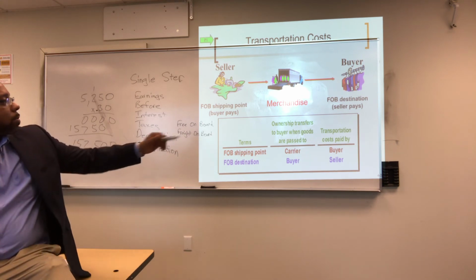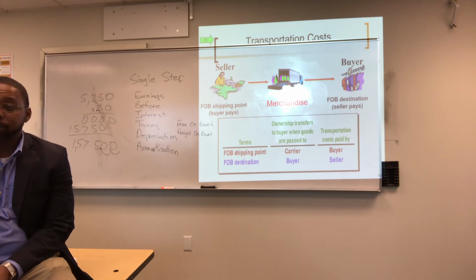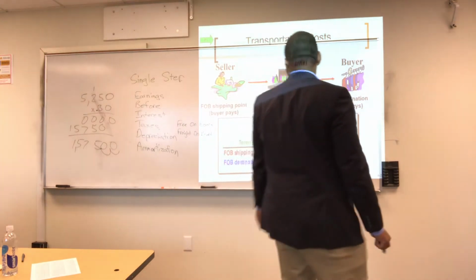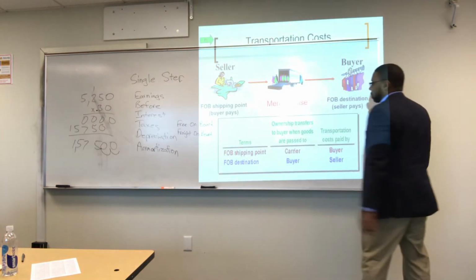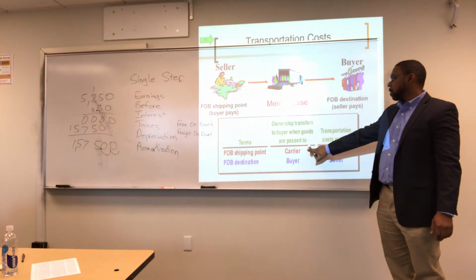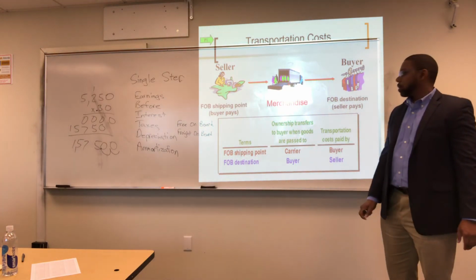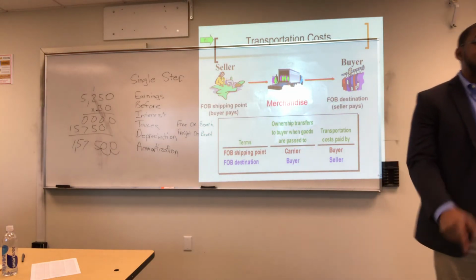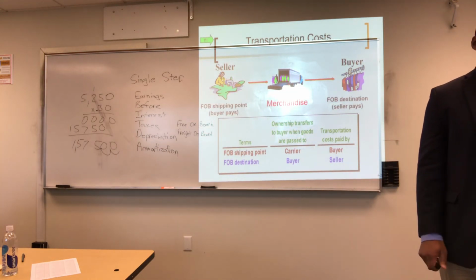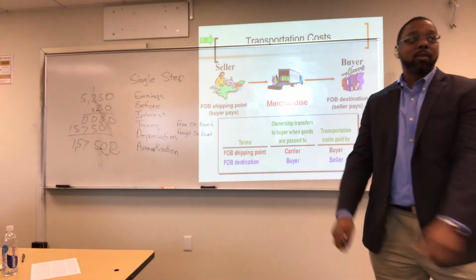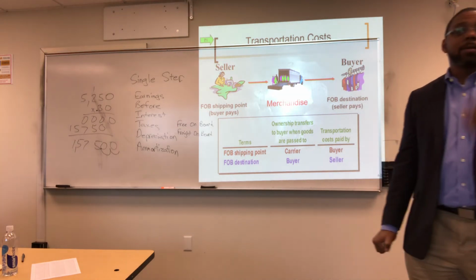Now, how do we distinguish this? If you're using FOB shipping point, the ownership of the product is not transferred to the buyer until the product leaves the dock of the seller. So the minute the seller puts it onto the transportation vehicle, it is now the buyer's.